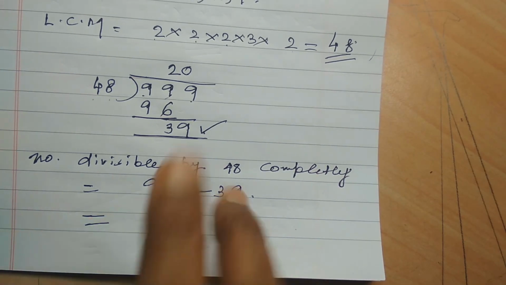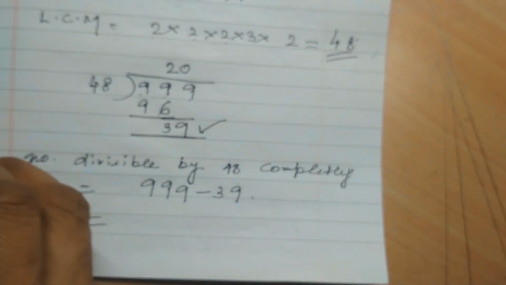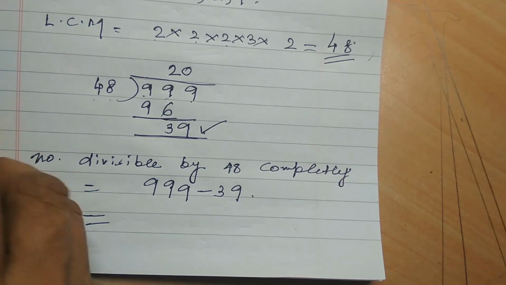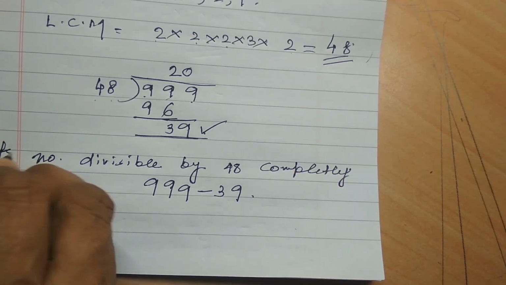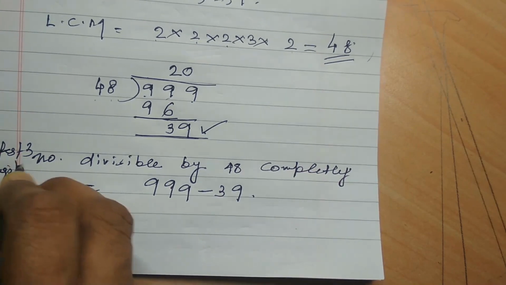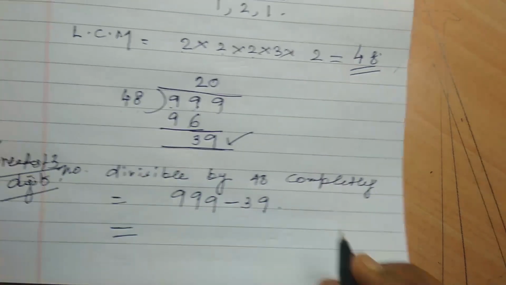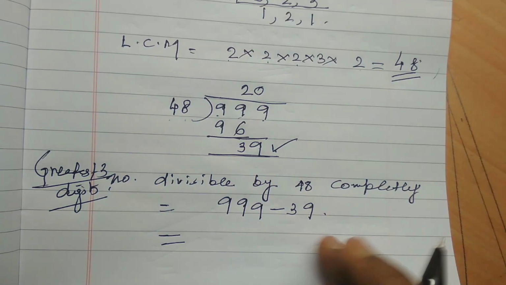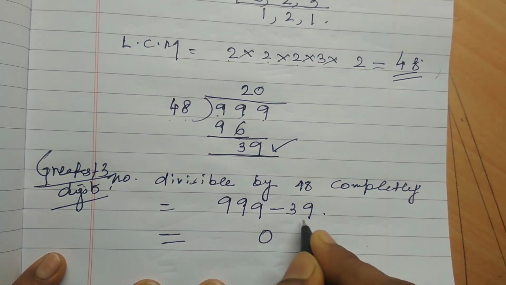So it asks me the greatest 3 digit number divisible by 48, which is equal to this.